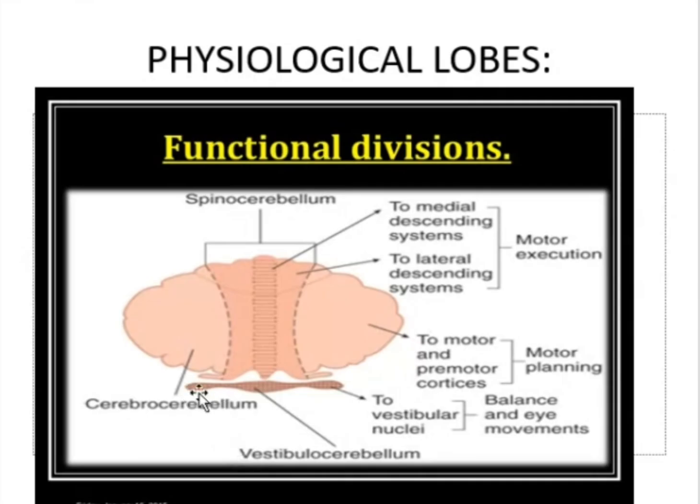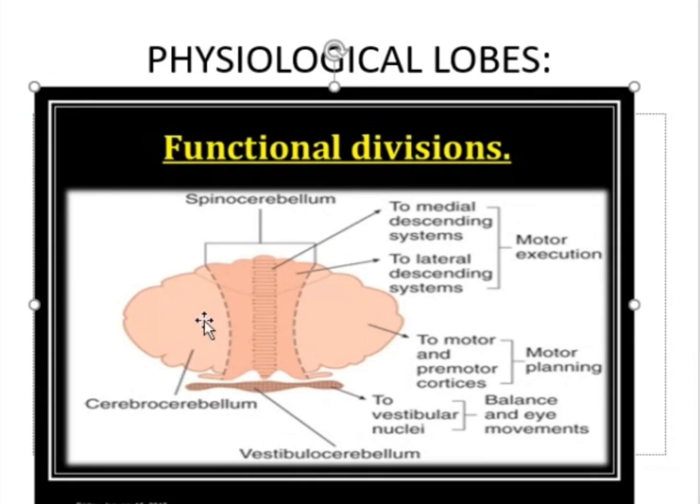And then the vestibulocerebellum is the one which is contained within the flocculonodular lobe. So the flocculonodular lobe contains the vestibulocerebellum. And this vestibulocerebellum is the part of the cerebellum which participates in the maintenance of balance.